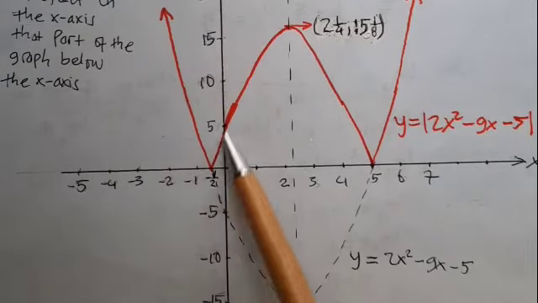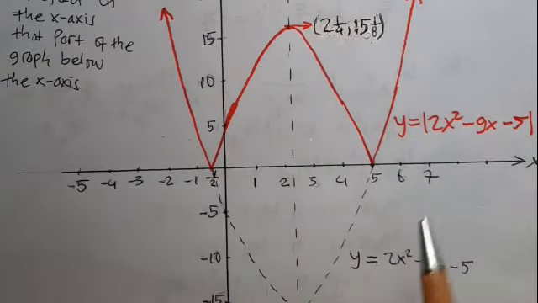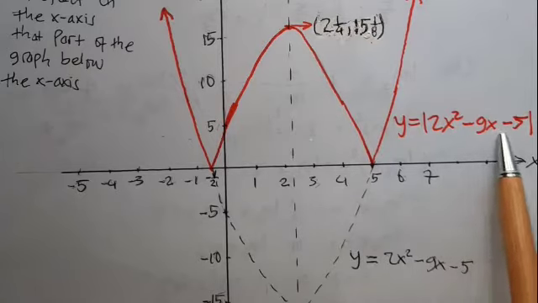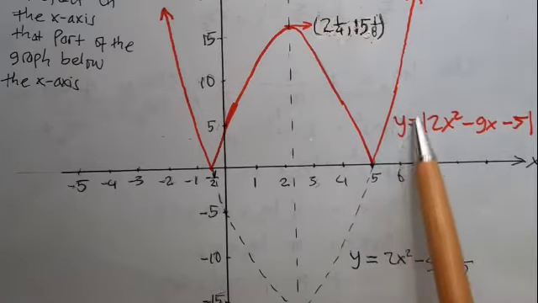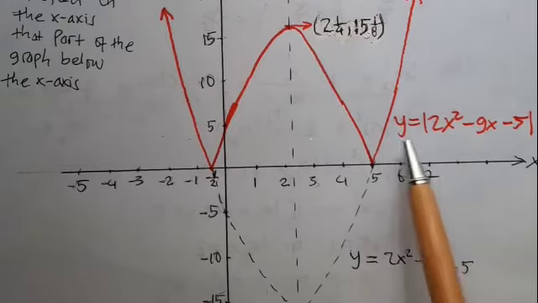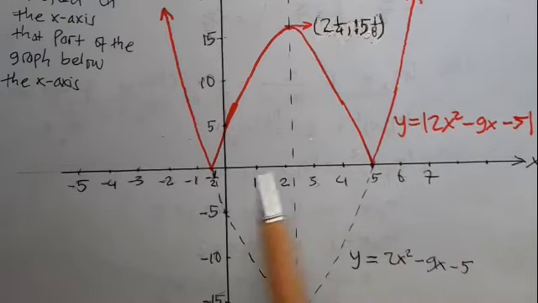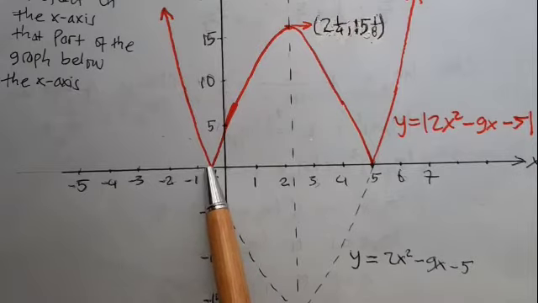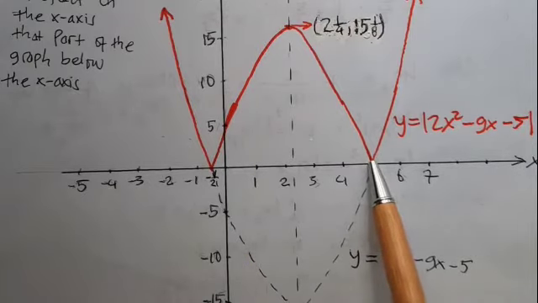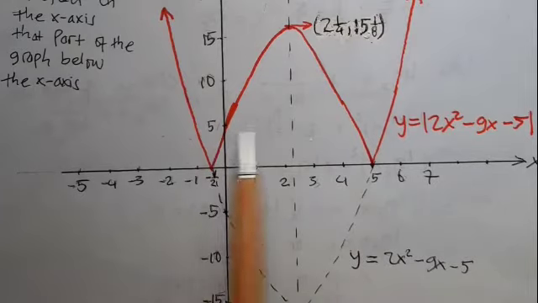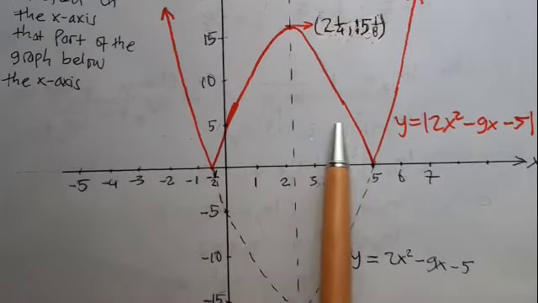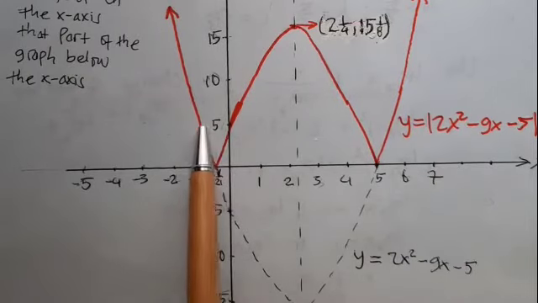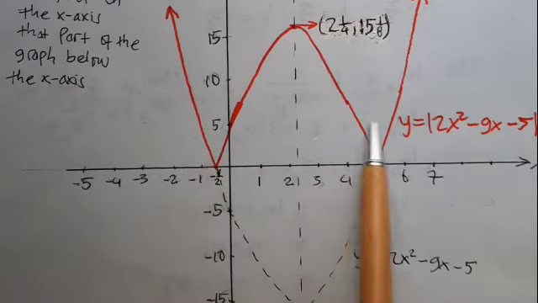For this question, we can see it directly in our figures. If y, in this case k, is 0, you see here there are two solutions, x is minus half and x is 5. When, for example, we choose y equals 5, there will be 4 solutions, here, here, and there.